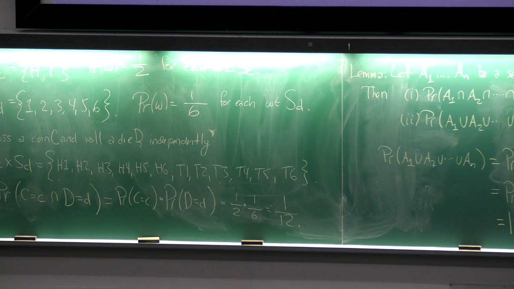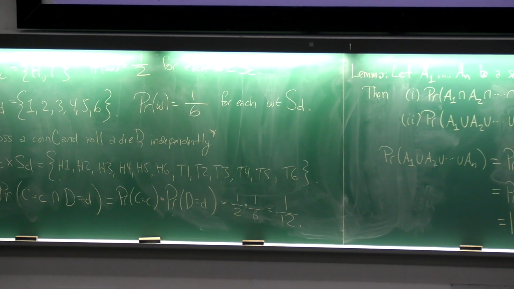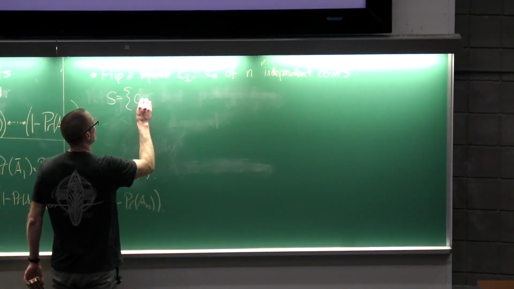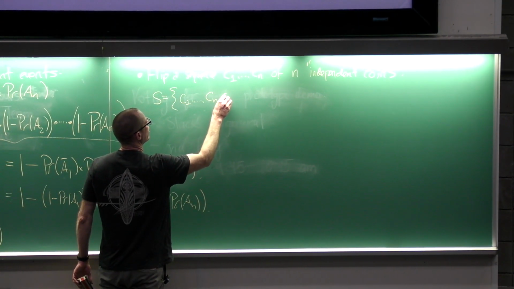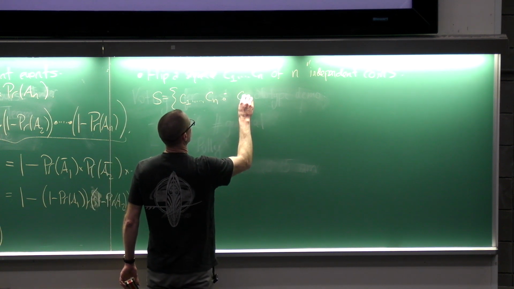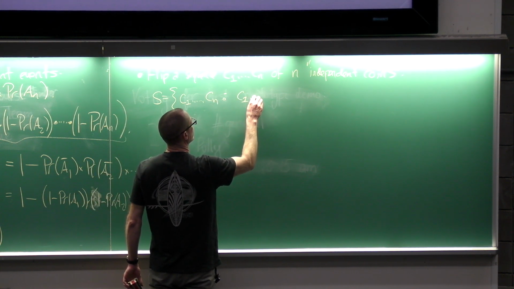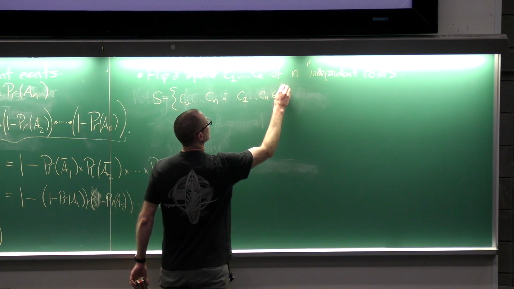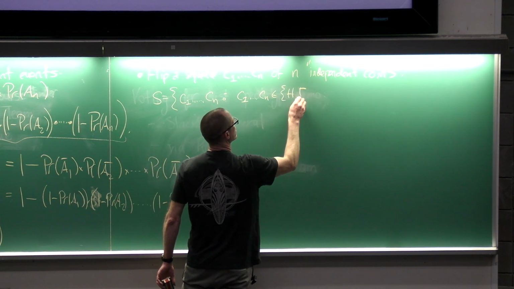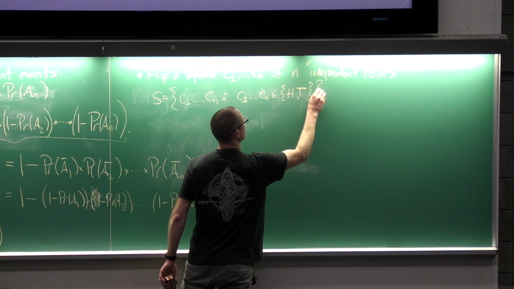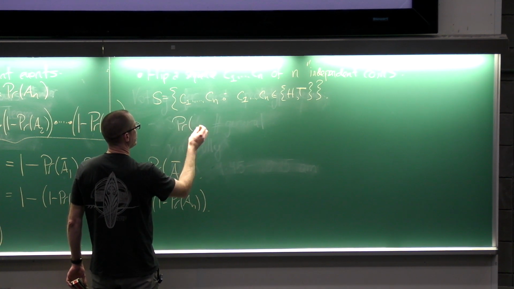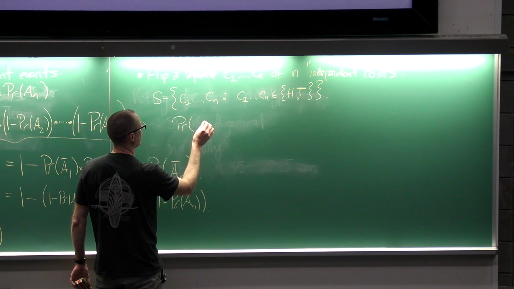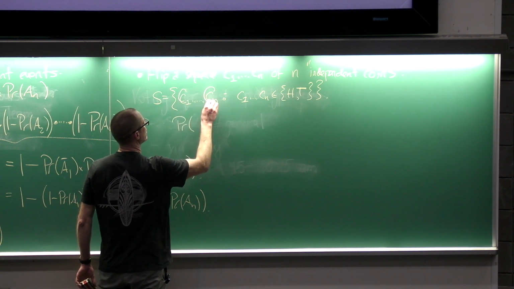So S is C1 up to Cn, such that each of these things, C1 up to Cn, comes from the set heads, comma, tails. Let's make these capital C's.